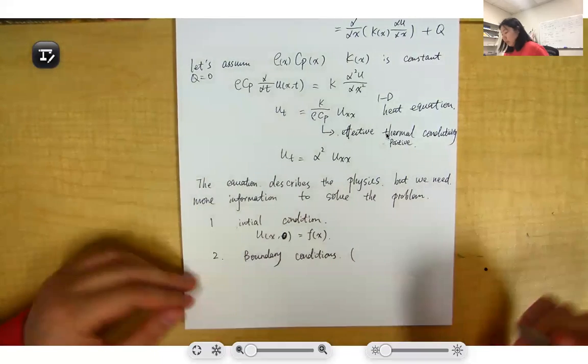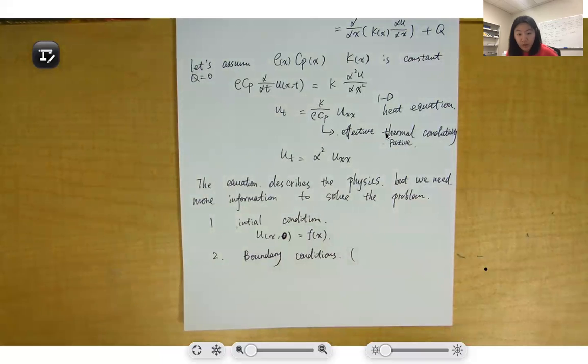The general type of boundary conditions for this heat equation is usually: what kind of temperature at the tip of the rod where x equals 0, and at the boundary where x equals L, the temperature distribution.